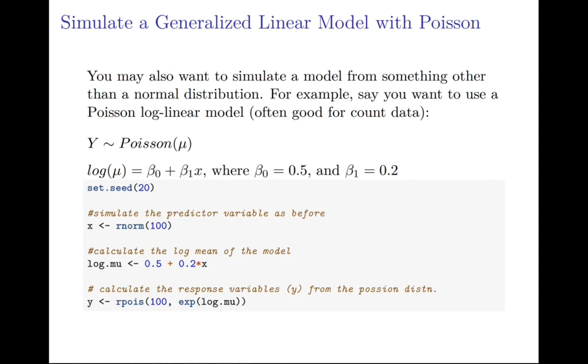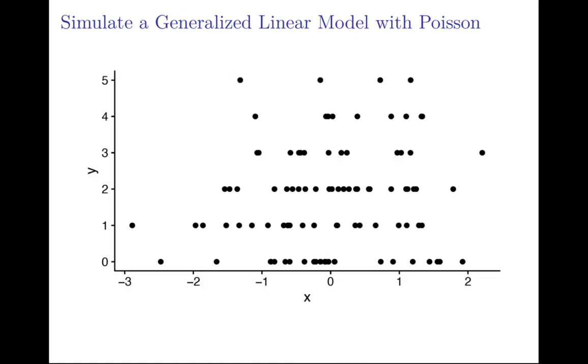Your beta naught plus beta 1 times x, 0.2 times your vector of x's, and that gives you a vector of log mu's. And then you can put that into your Poisson distribution, where you take 100 draws from the exponent of log mu. And then you can plot that here as your x's versus your y's.